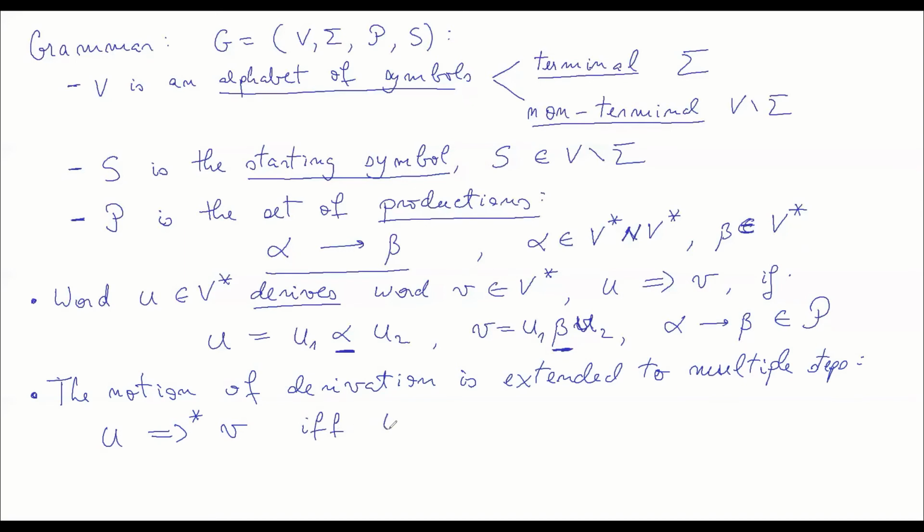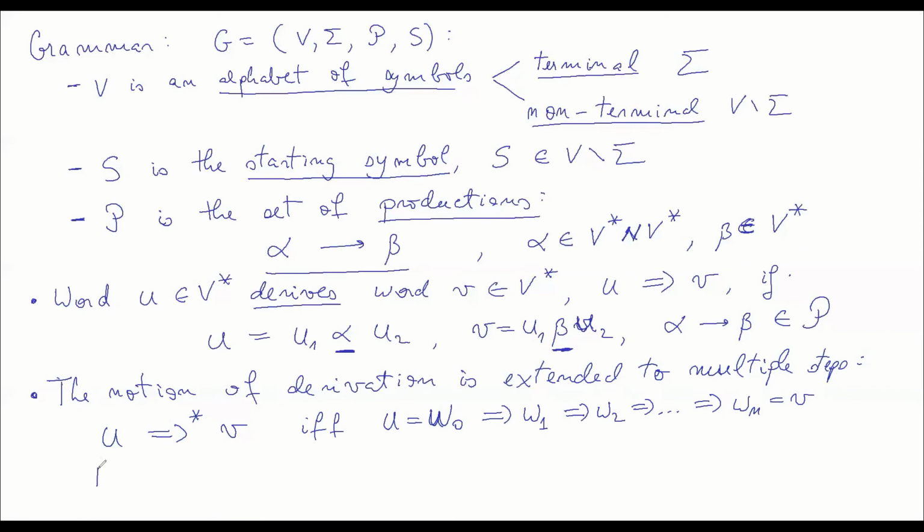If you simply start from U, let's call it W0, and this derives, just like we had before, into W1, and this derives into W2, and so on. You have a sequence of these steps, and then at the end you get the word you wanted, which is V. So we will just say that this is a derivation now in multiple steps.